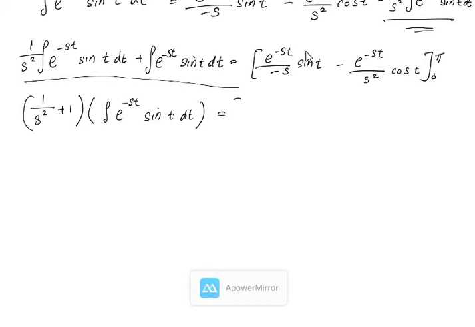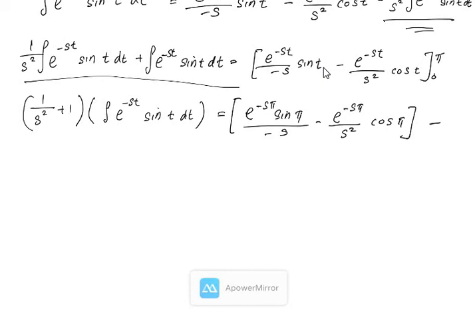And this will equal, substituting, I substitute t with pi and t with 0 also. So you get e to the negative s pi sine pi divided by negative s, minus e to the negative s pi divided by s squared cos pi.